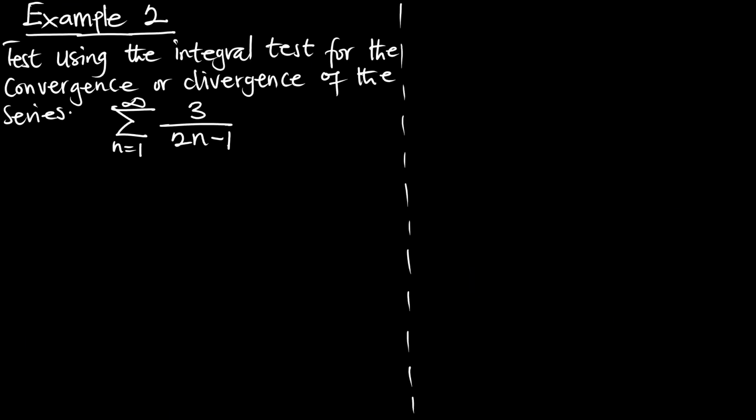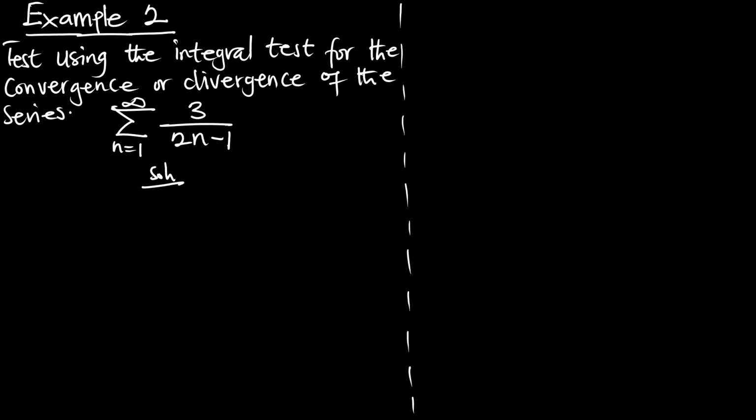Alright, so this is example 2. It says test using the integral test for the convergence or divergence of the series. So we have a series given and we have to test with the integral test if it is going to converge or diverge.